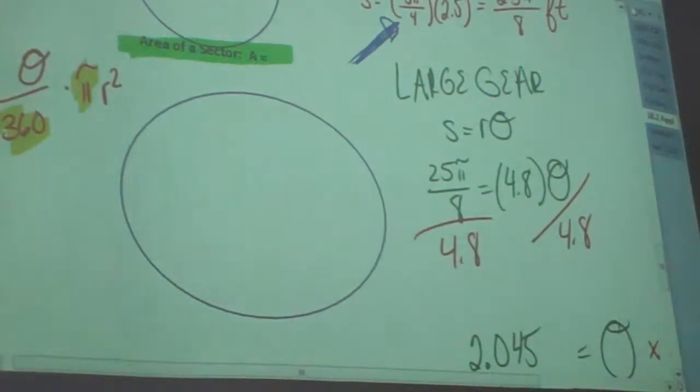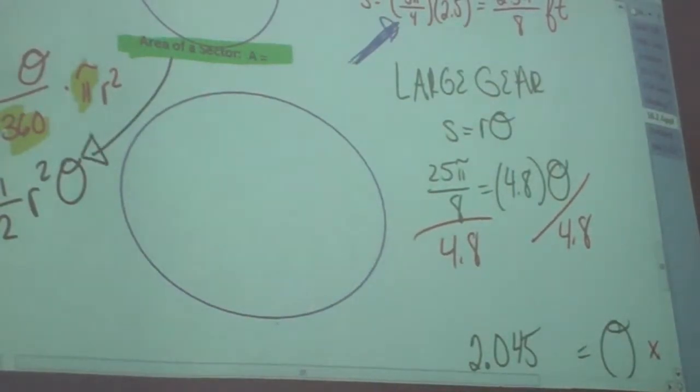That's a portion of half. So we're going to actually use it as half, not 1 over 180, it's half. And then it's r squared theta. So this is now our area of a sector: half times r squared times theta.